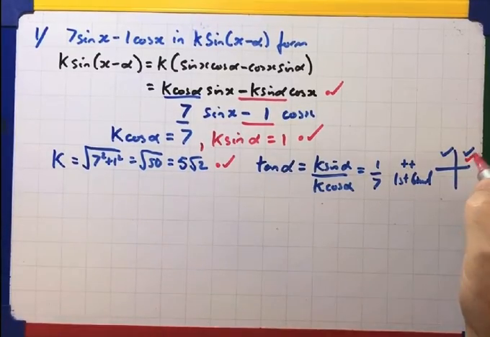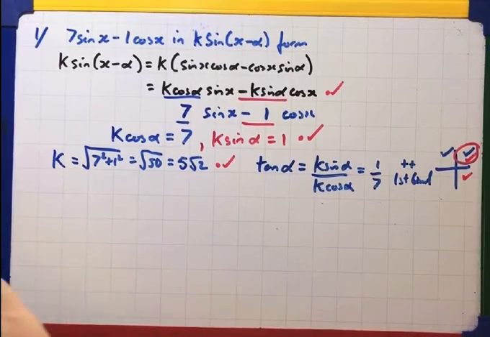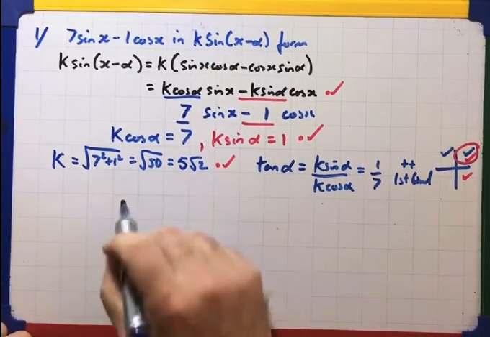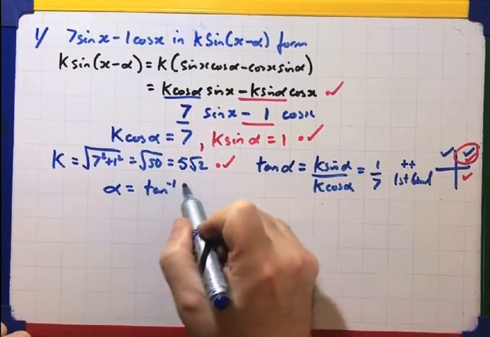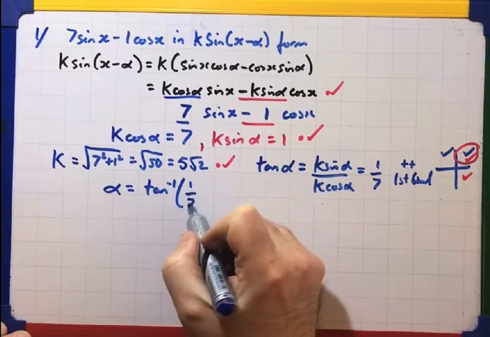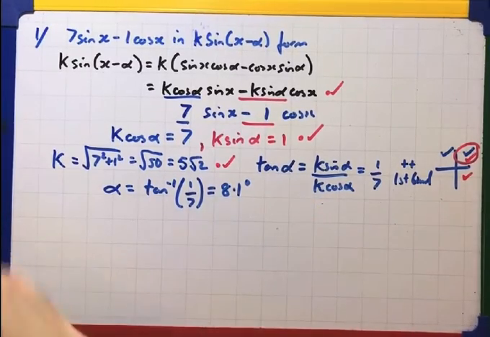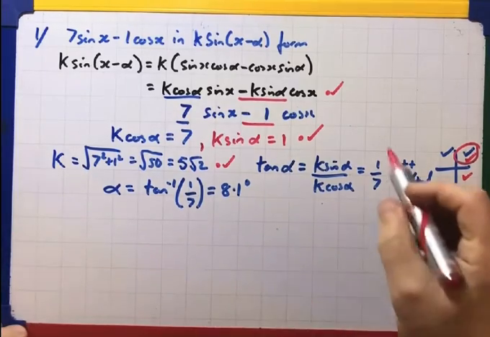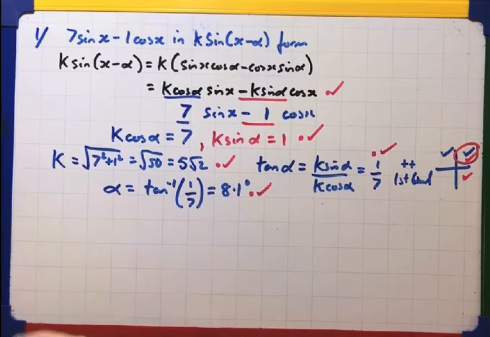Cosine is positive there and there. They're both true in the first quadrant. So alpha will be a first quadrant one, so it's just inverse tan of 1/7. And if I work that out, that's 8.1 degrees. So, I think I give you 1 mark for that and 1 mark for getting the angle.